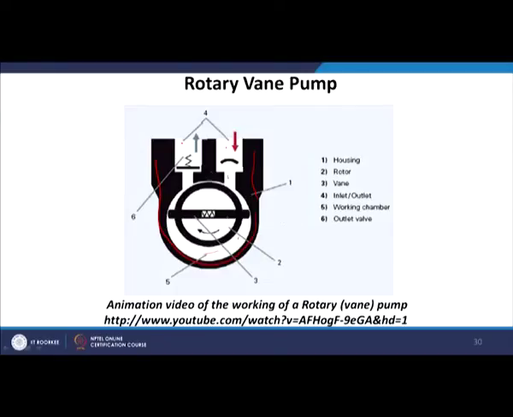And the sixth is the outer valve. So, basically there are 6 different parts. One is the body, the housing, another is the rotor, another is the vane which is eccentrically placed, and then the chamber, inlet and outlet, and the exhaust system.